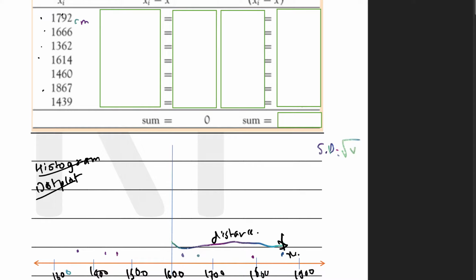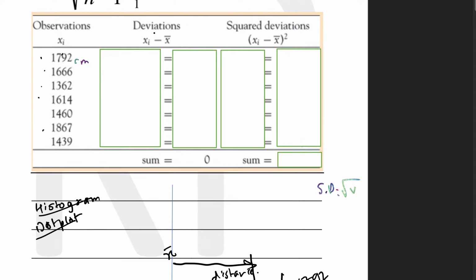This is our x1, 1792, right? And likewise, instead of squares, you are going to calculate the distances. So this is going to be a second distance, the difference from the mean, right? Those are nothing but the deviations which we calculate in the standard deviation process.